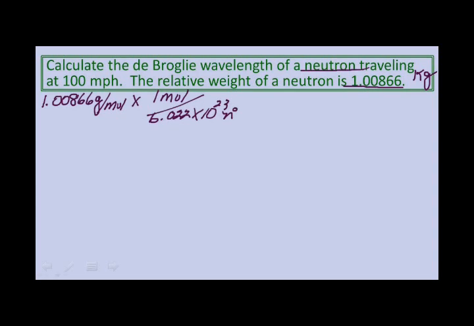This is going to give us grams per neutron, but we've got to have it in kilograms.